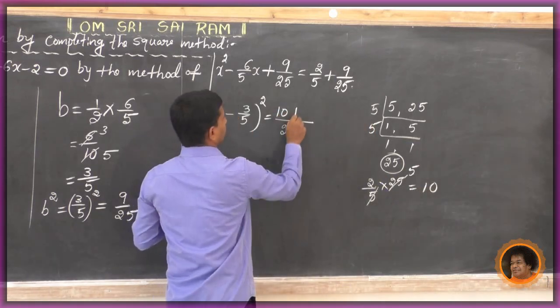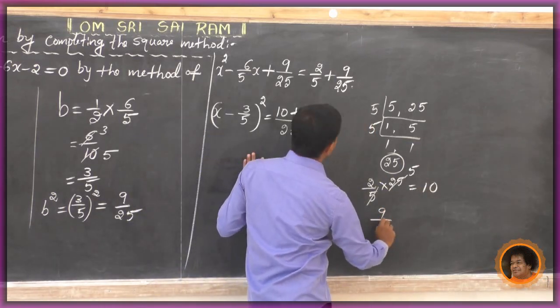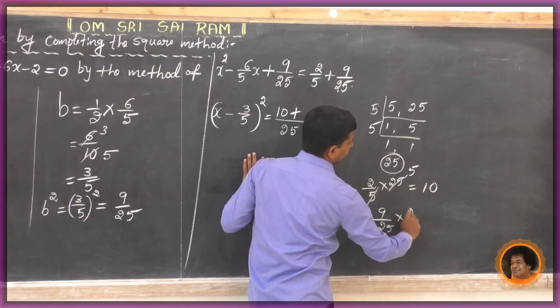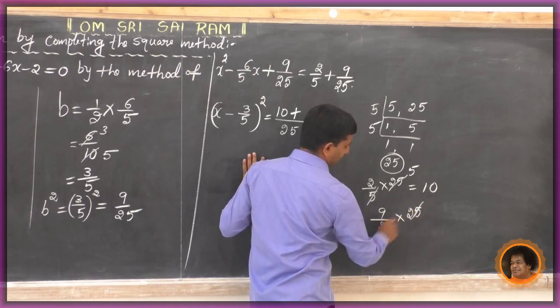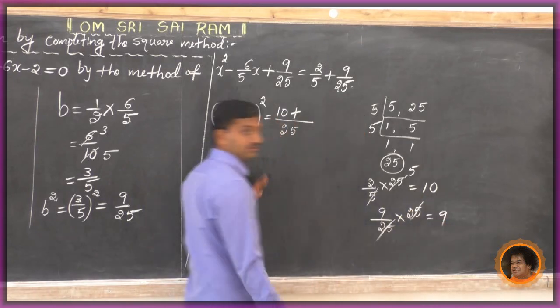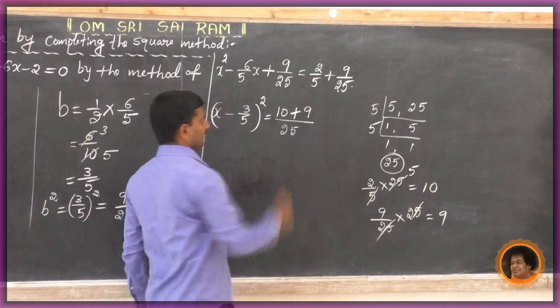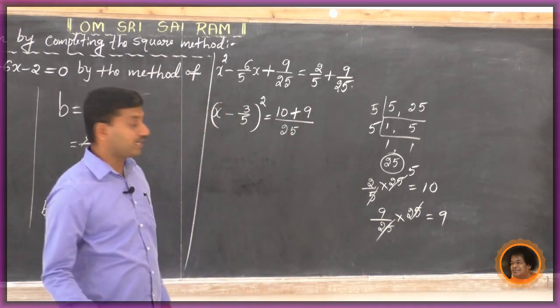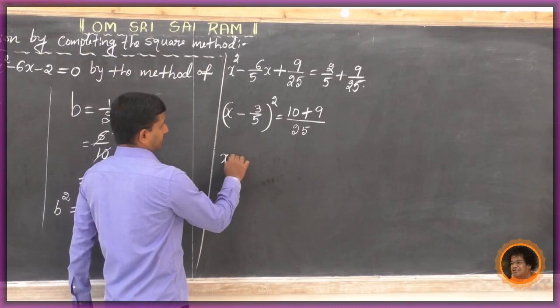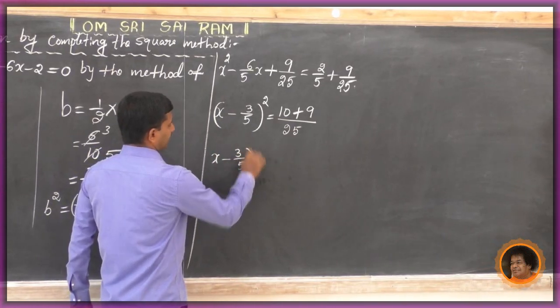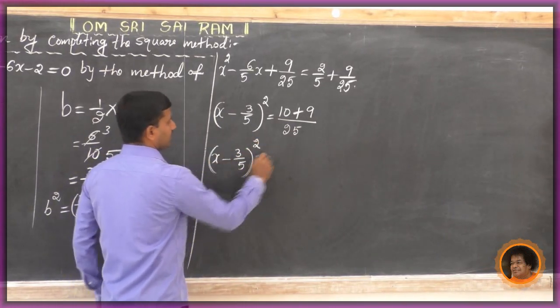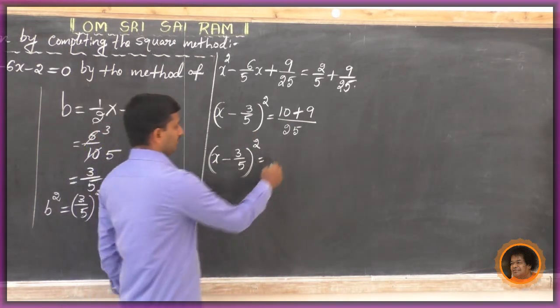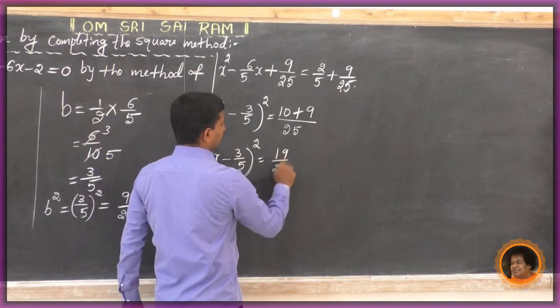So 10 plus 9/25 into the LCM 25, the 25 cancels, giving 9. So 10 plus 9 divided by 25. So (x − 3/5)² equals 19/25.